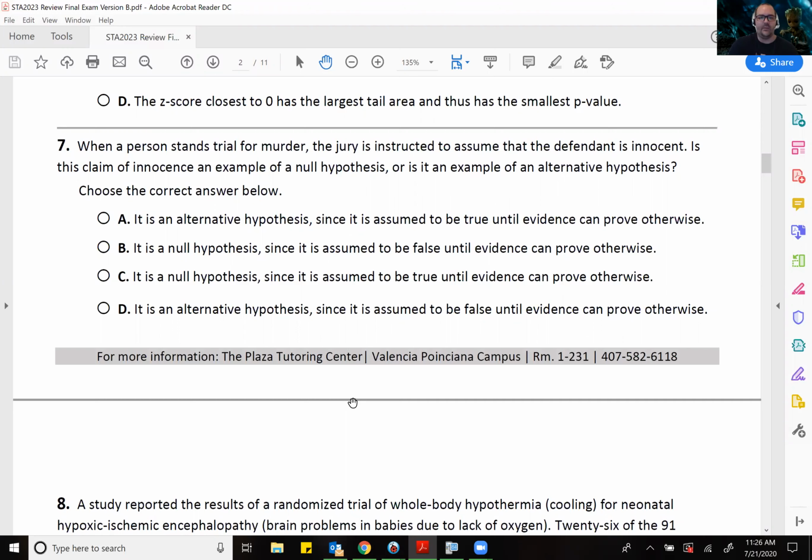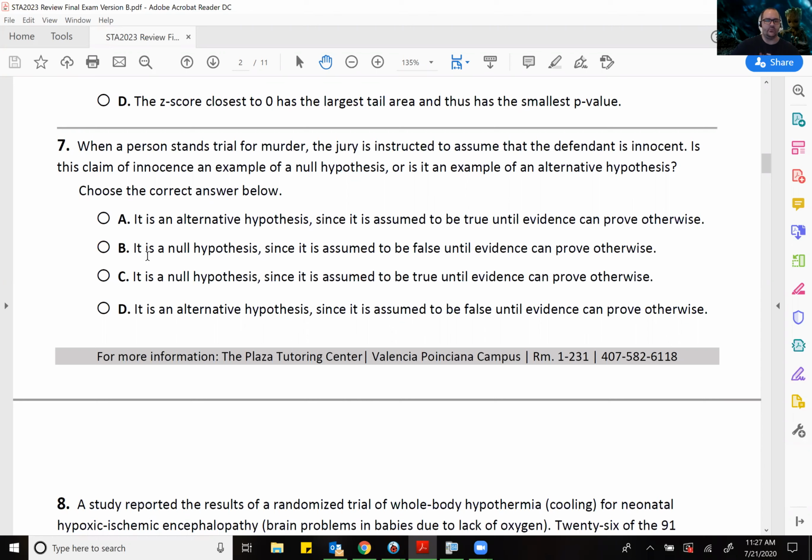Just like in a population, when we have a population parameter, we accept that as truth from the very beginning, and the alternative is what is trying to disprove, well, not really disprove, but make it so that the original null hypothesis fails. Okay, so it's got to be either B or C.